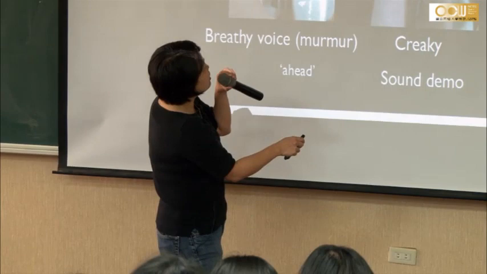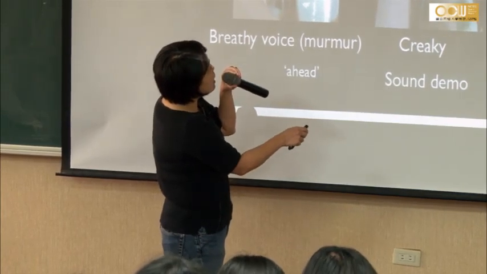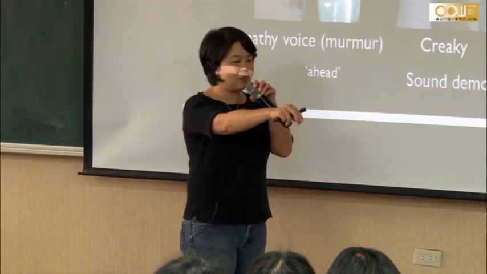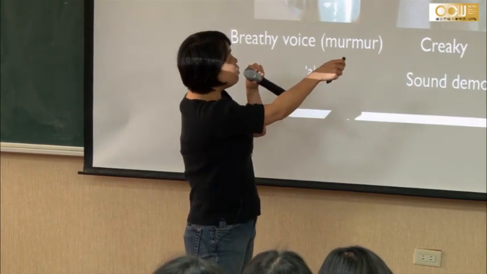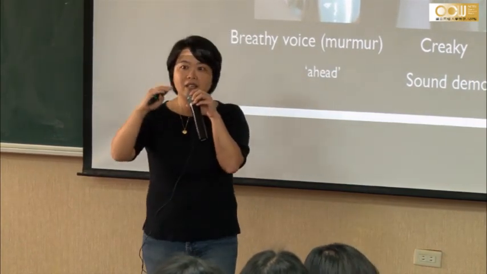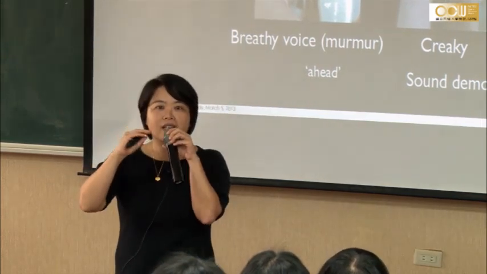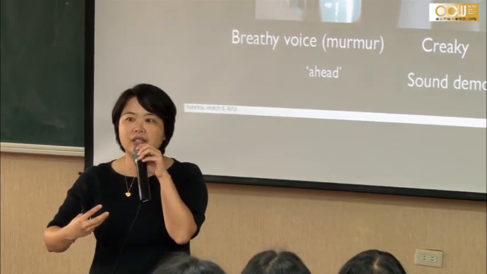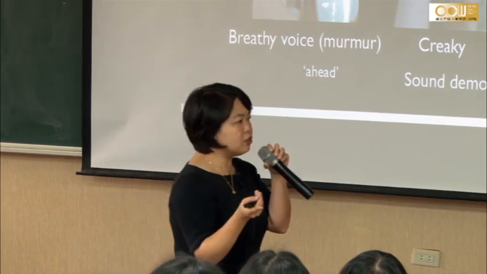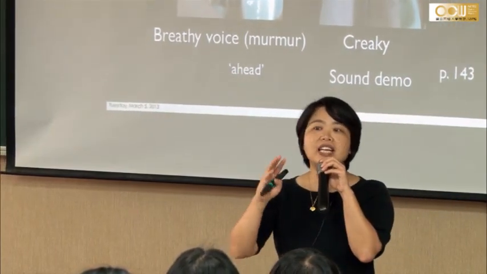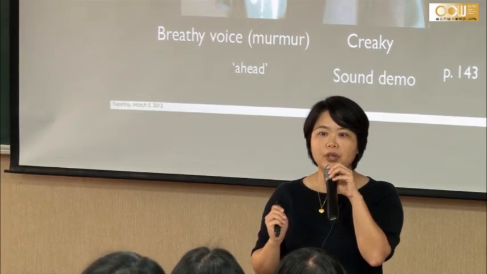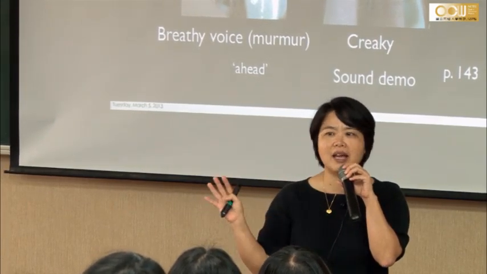So what happened is your vocal folds, this part of your vocal fold, imagine it was controlled by my fingers. You cannot vibrate this part, but only this part is vibrating. So it's really low, and it's not very loud. And just to remind you again, if you have some friends who are trying to learn Mandarin, they usually cannot distinguish tone 2 and tone 3. For them, it's just the same.